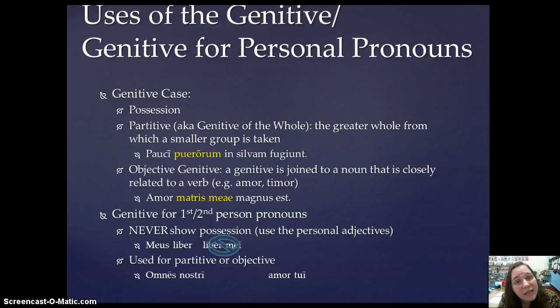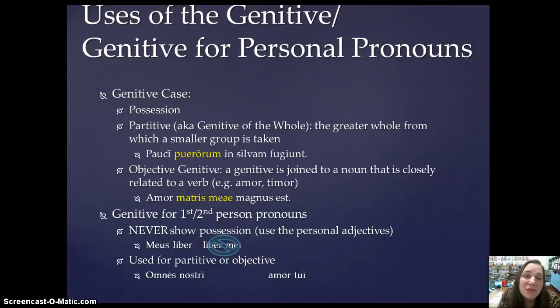So an example of this in English would be part of the citizens voted for the measure, part did not. So when you say part of the citizens, the citizens is the bigger whole, and the part is the smaller part taken out of it, but it's the bigger whole that's in the genitive.